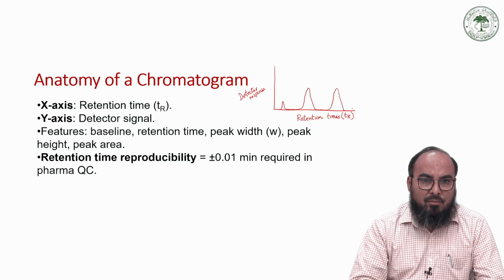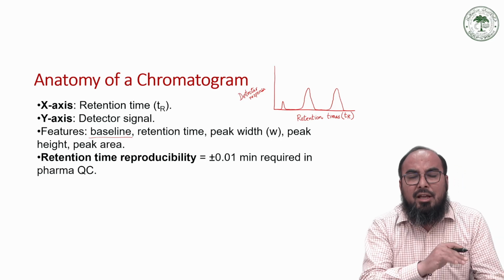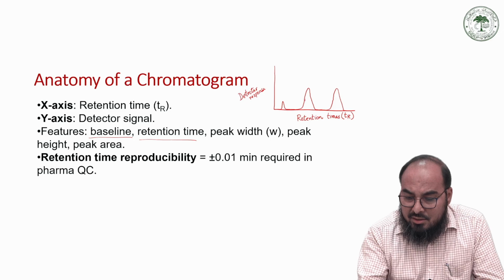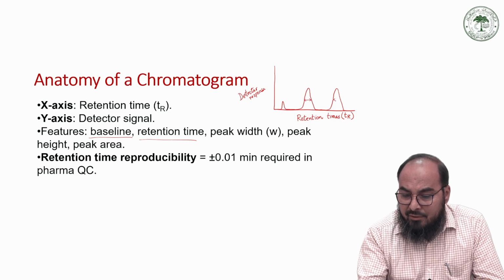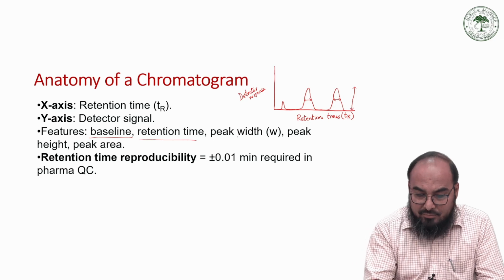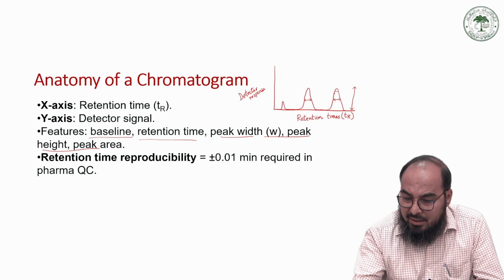volatile components. So the features are the baseline, which should be very smooth, the retention time, the peak widths, the peak heights, and the peak area, that is the area of this peak.